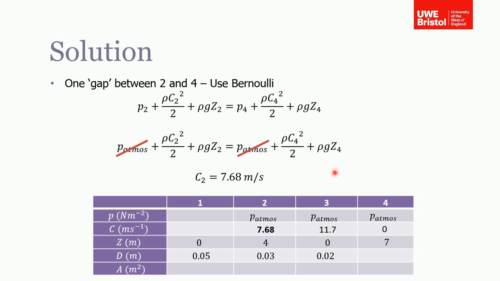We also know that the velocity in 4 is 0. And we now know Z2, Z4, and we can solve for C2. If you rearrange and put in the values, you should end up with an answer of 7.68 meters per second.